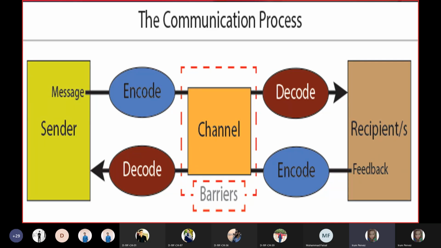For example, if the sender asks the receiver, do you know, and the receiver uses a gesture, moving the head from right to left, that means no. So maybe the receiver uses another form of communication to encode, then he would also use a channel and the barrier appropriately, and the sender will then again receive the message from the receiver in the form of feedback, and then he or she will decode it.